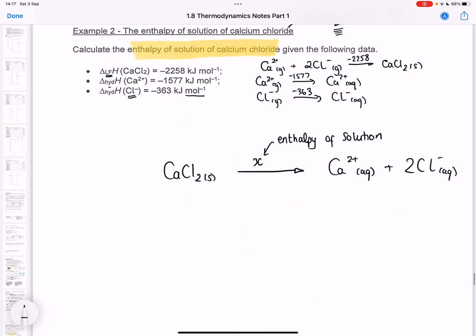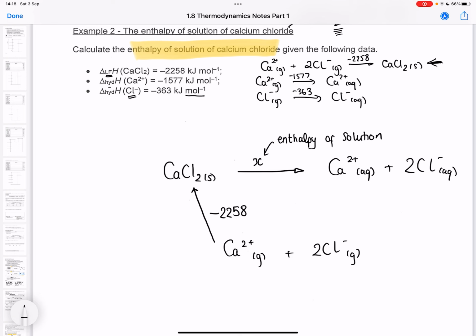Our first bit of information is we've got an arrow that points in, if we look at this equation here, we've got an arrow pointing to calcium chloride from calcium 2+ gas and 2 Cl- gas. And that arrow points towards it, minus 2258, pointing up towards it though. It's a bit different to our last example.